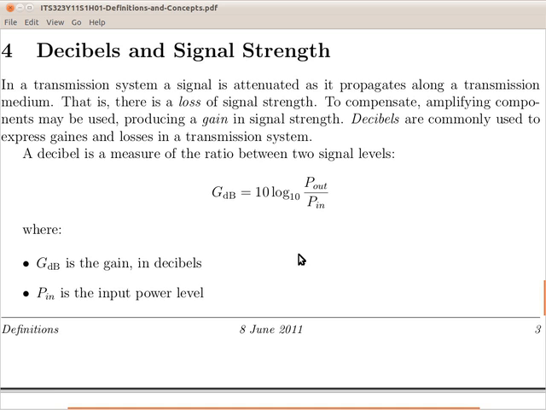So these are the same values for our system. Our system has a gain of 100 or 20 dB. Just same values. This is expressed as an absolute ratio. This is expressed in decibels.